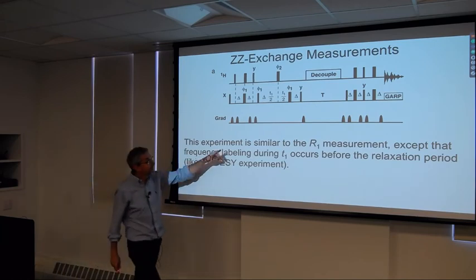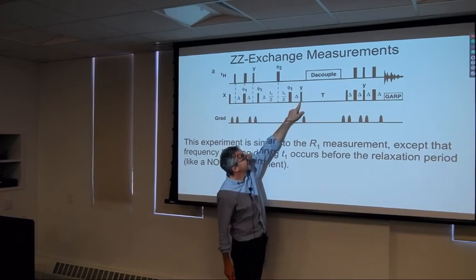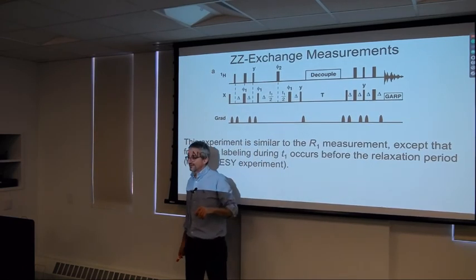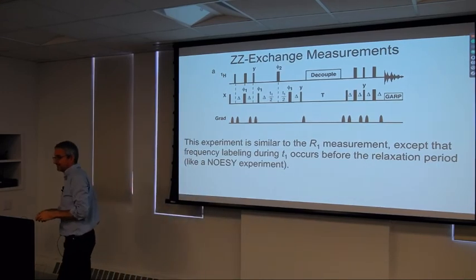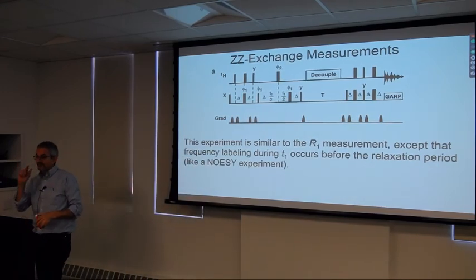So this pulse here at the end is going to flip magnetization back up onto the z-axis. It only flips up one component, say the cosine modulated component. So magnetization in the two states, when flipped up to z, will be modulated by cosine omega t1. And because their omegas are different, there are going to be times when they point in the same direction and times when they point in different directions.